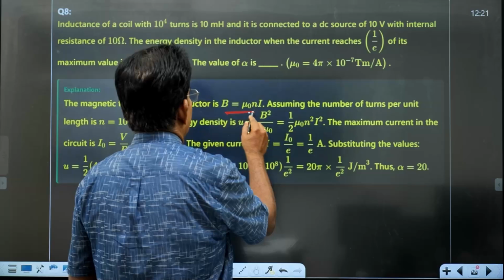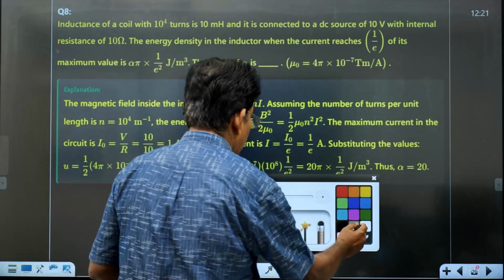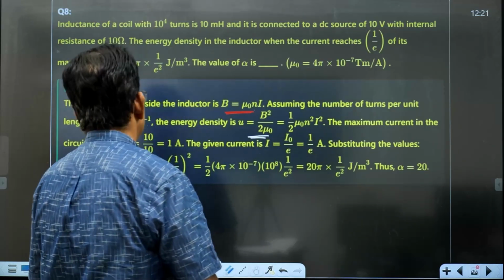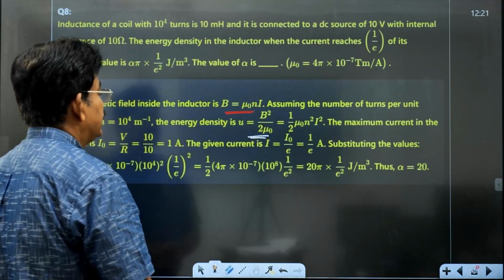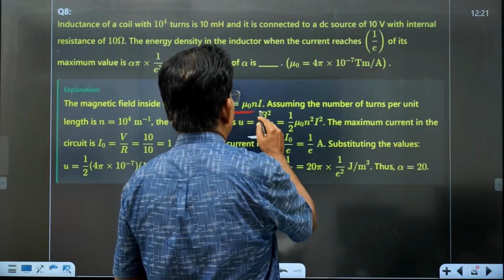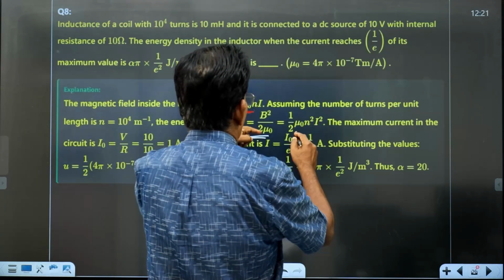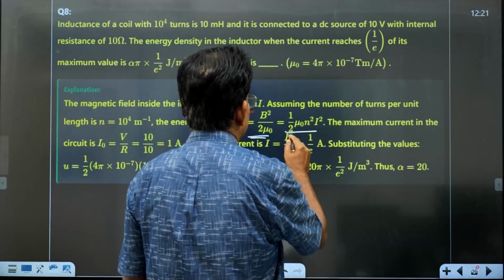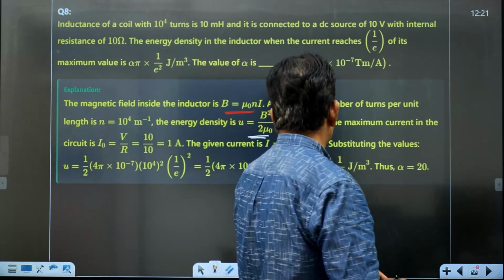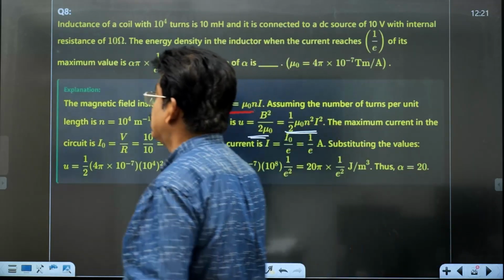Magnetic field is given by mu 0 N i, and energy density is given by B square by 2 mu 0. Instead of B, I can substitute mu 0 N i. So mu 0 square, N square, I square, and one mu 0 in the bottom gets cancelled. Energy density we have to calculate is 1 by 2 mu 0 N square, I square.